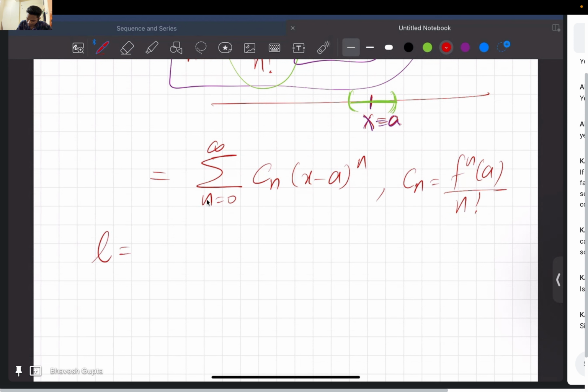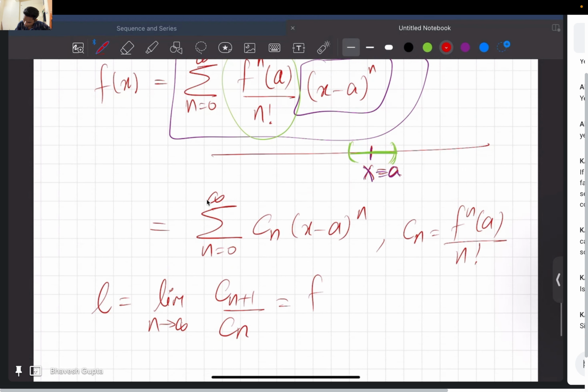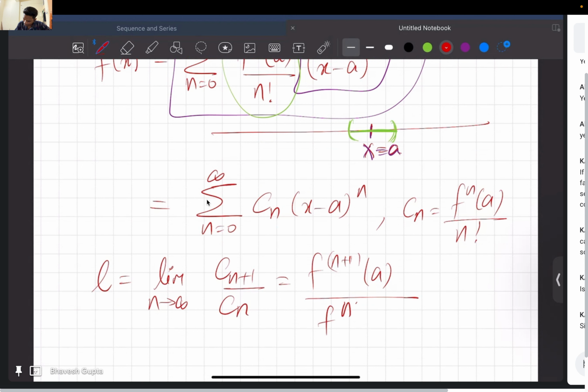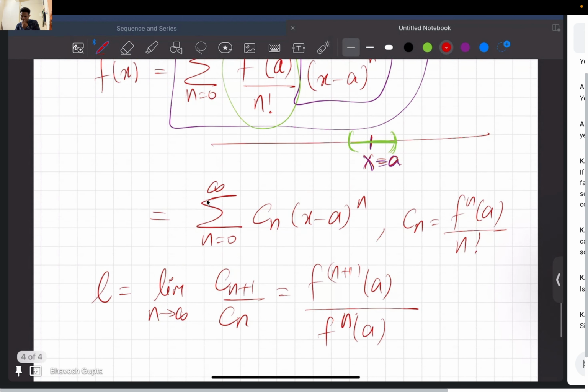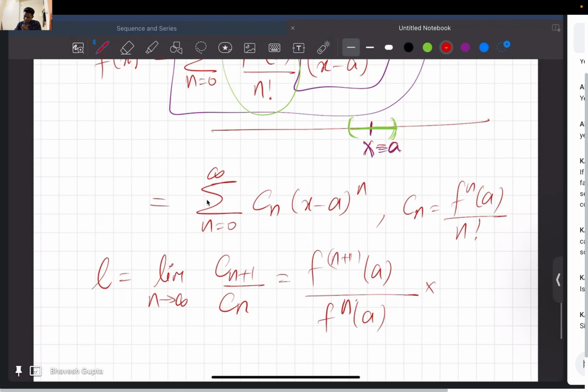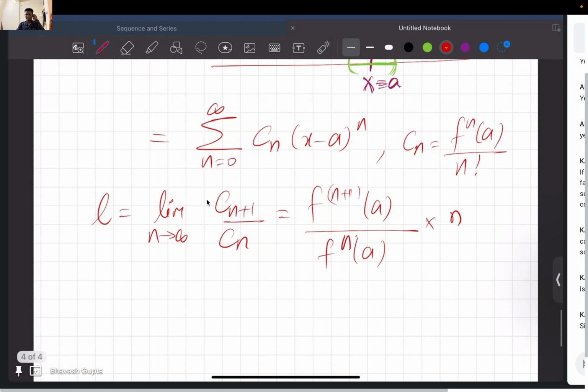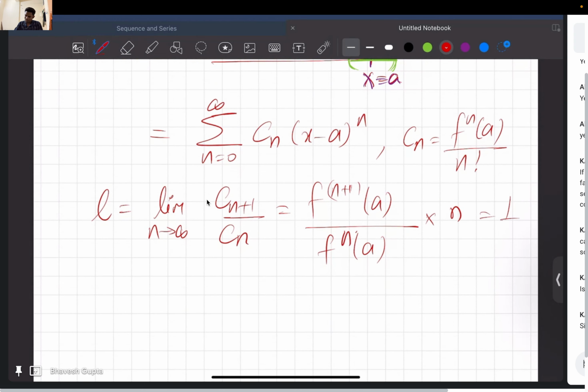L is the limit as n tends to infinity of Cn plus 1 upon Cn, and that turns out to be the (n plus 1)th derivative at a divided by the nth derivative at a, and then you have this n times, right? That's it. And the inverse of this is the radius of convergence.